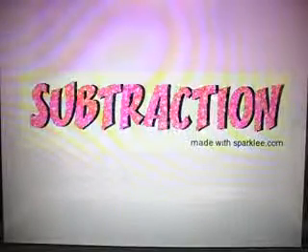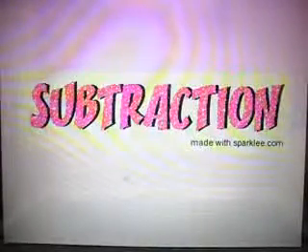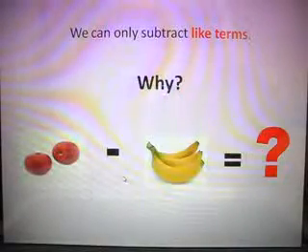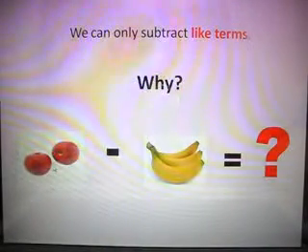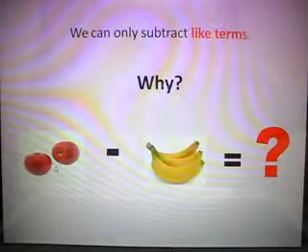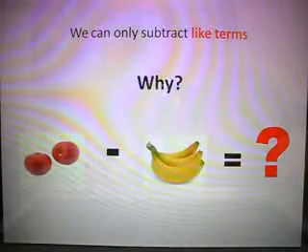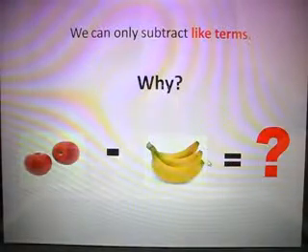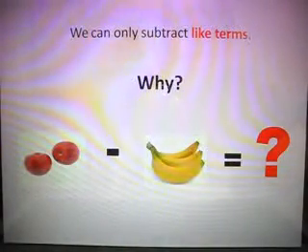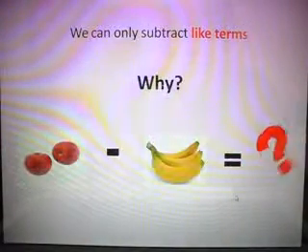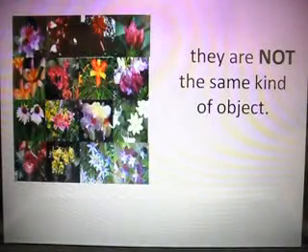Now, let's go for the second operation, which is subtraction. Similarly to addition, if you have 2 apples minus a banana, can we subtract these 2 fruits? The answer is no. Why?